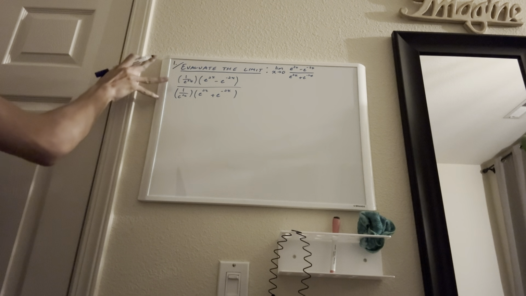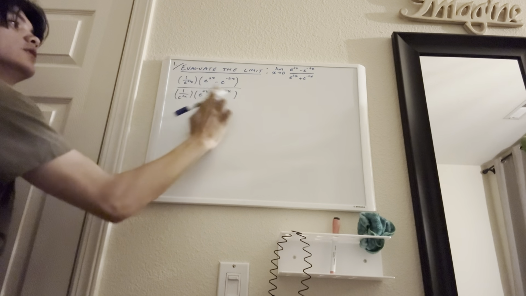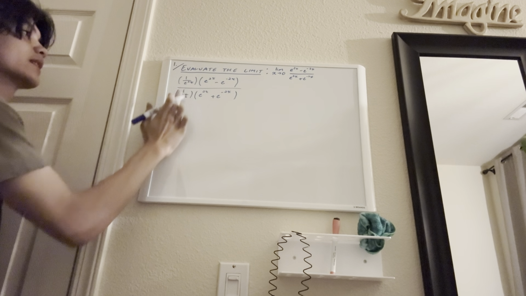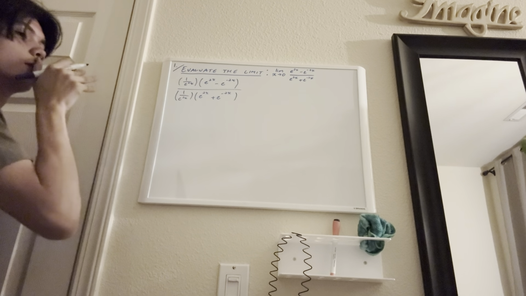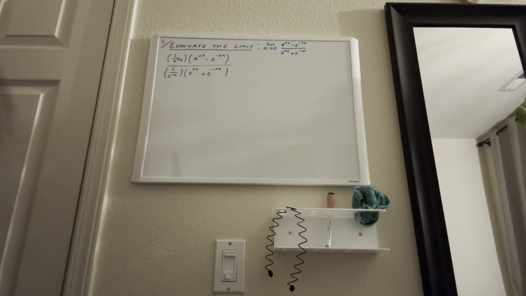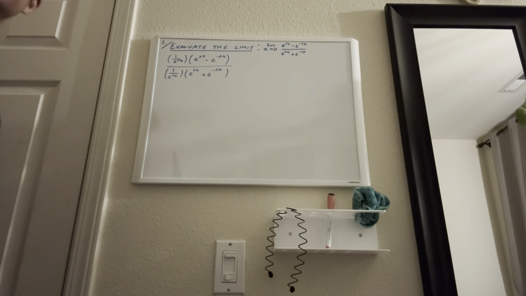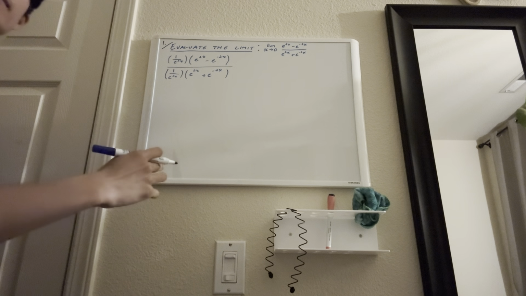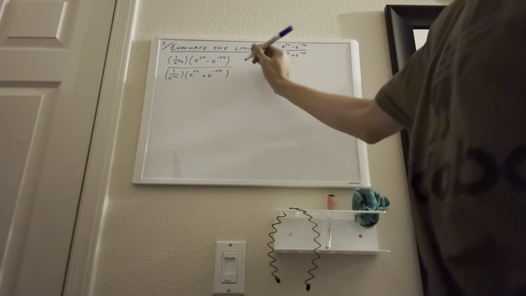And you understand that this is just dividing these terms over here by e to the 2x. So we can simplify this by just canceling out e to the 2x and making it 1. So let's do that really quick.